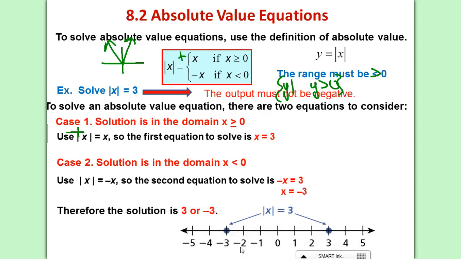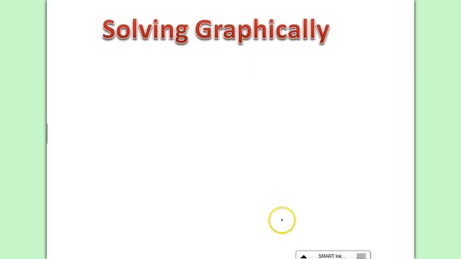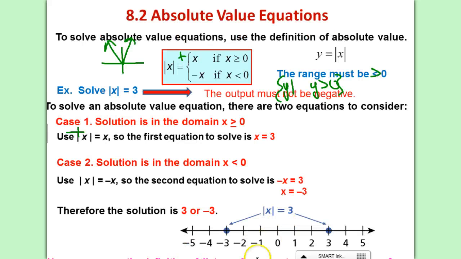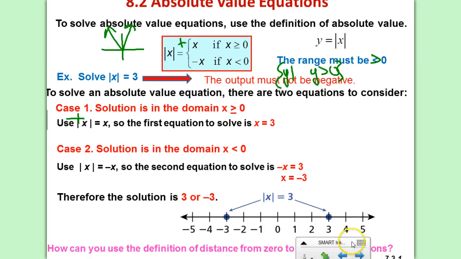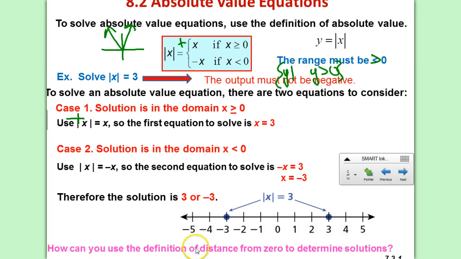Clearly it's plus 3 and minus 3, because those are the two places where the absolute value of x is 3, or the distance is 3 units away from 0. If you want to be 3 units away, you can either be 3 up or 3 down.